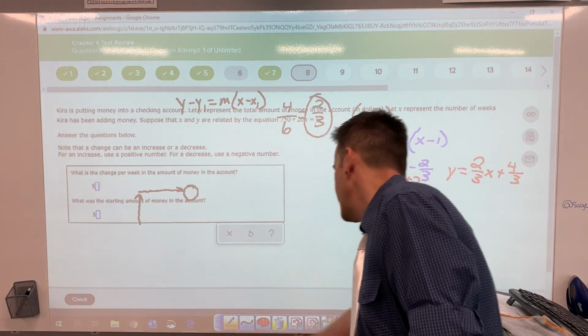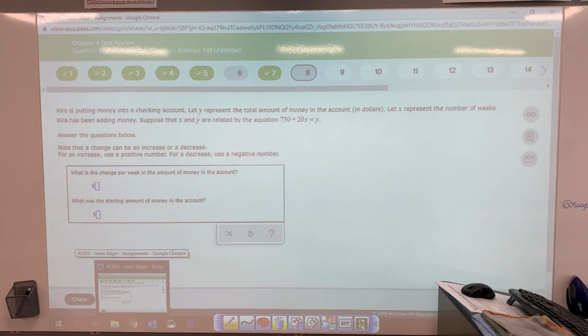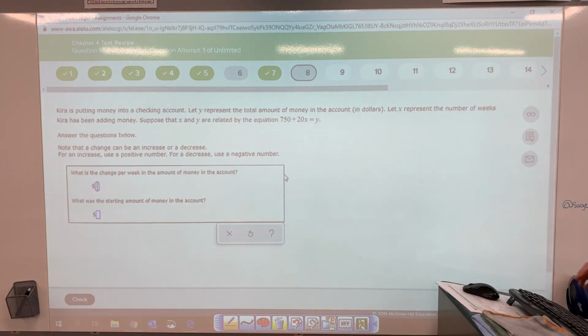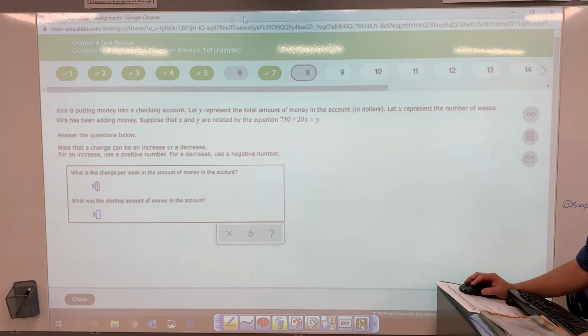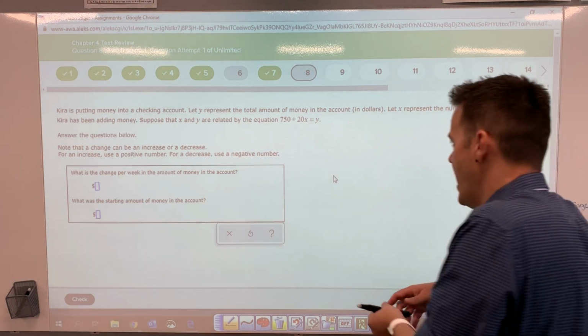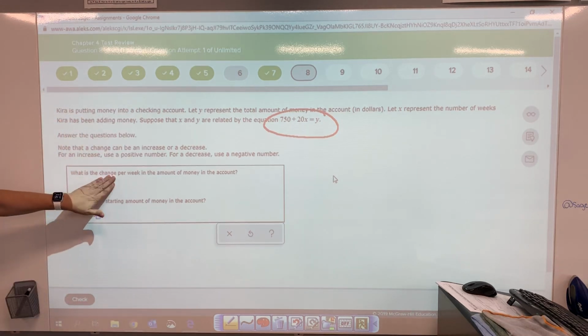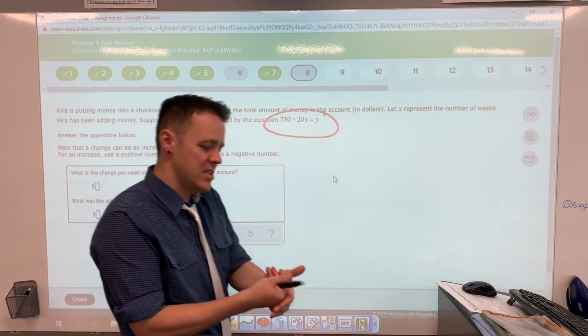Next, on here, relatively simple process on this one. Big key aspect is just reading the equation. This is all nice, beautiful word problem, but I only care about this. Okay, this equation right here. And when I care about this, it talks about what is the change per week. Okay, what does change mean?